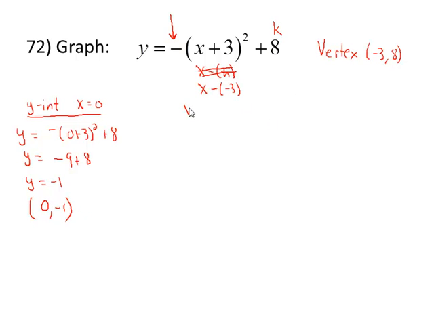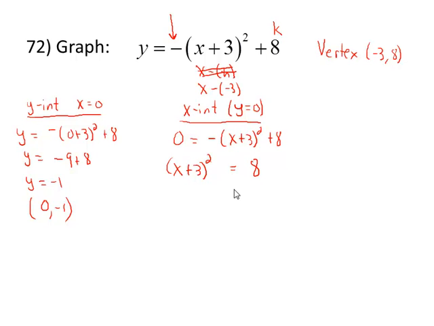When we go looking for the x-intercept, or intercepts, we set y equal to 0. So 0 equals negative quantity x plus 3 squared plus 8. Let's move the squared term to the left so that it becomes positive. Quantity x plus 3 squared equals 8.